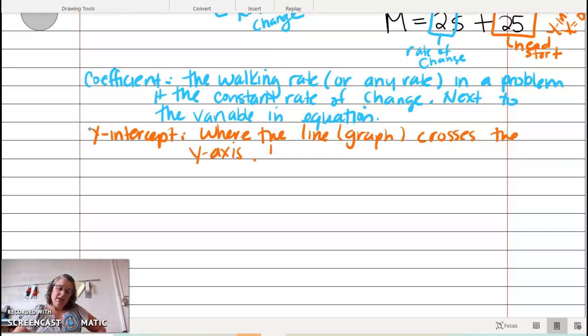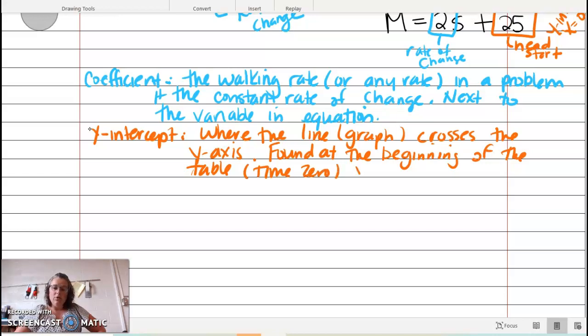It's found at the beginning of the table, at time 0, or when x equals 0. Or we can say if they were given to us in a verbal expression, it's the starting amount.